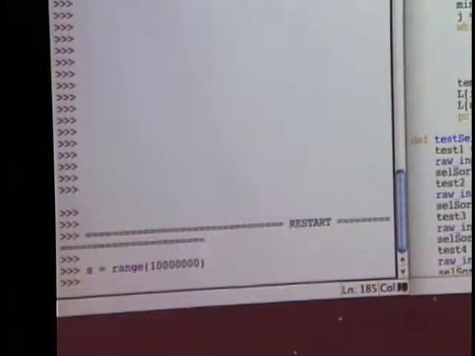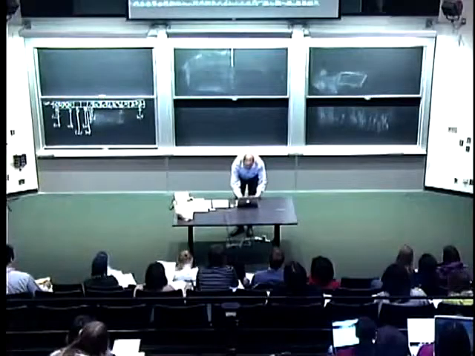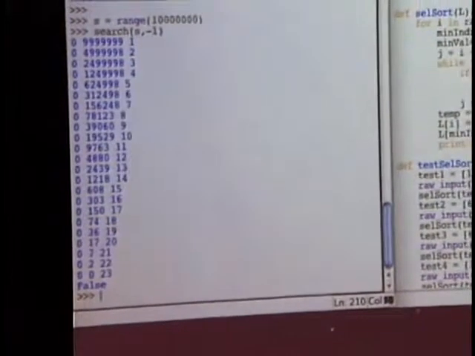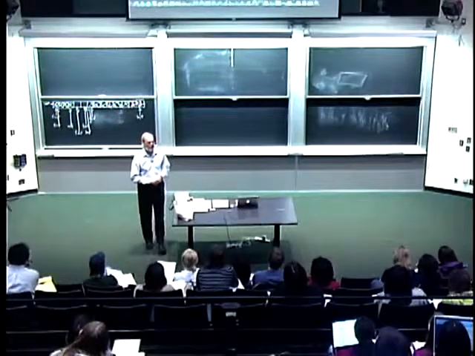Okay, and I'm going to look to see, is a particular element inside of that list. And again, I'll remind you, that's just giving me the integers from 0 up to 99999 something or other. If I look for, say, minus 1, you might go, gee, wait a minute. If I was just doing linear search, I would have known right away that minus 1 wasn't in this list because it's sorted and it's smaller than the first element.